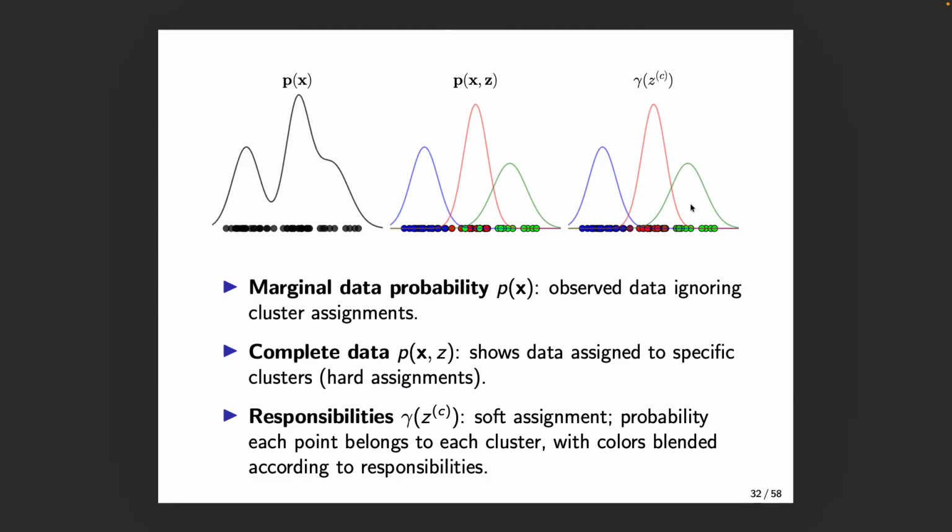So it's the probability that the data point comes from cluster 1, 2, or 3. And the sum of these responsibilities should also be 1.